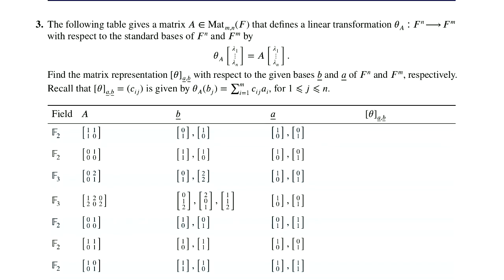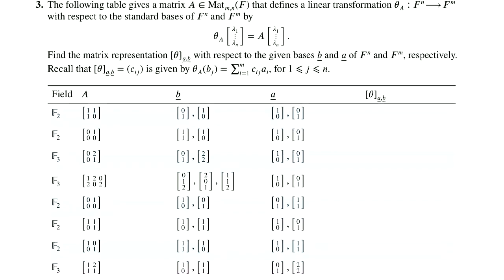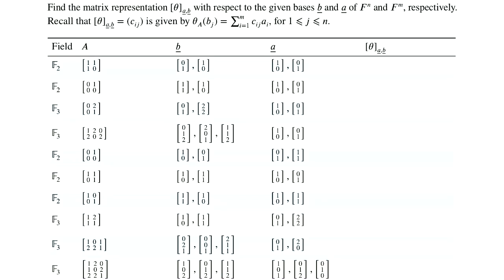Let's do this one all the way down here. So we've got these two different bases of domain and codomain. F2 is also fun to work with, so we'll continue with that.